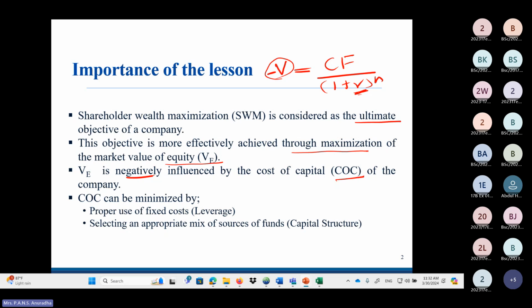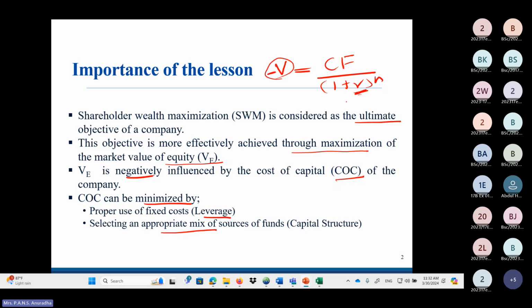So cost of capital can be minimized by using leverage and selecting appropriate capital structure. So this is the connection of this topic to our objective. This is very simply how to connect this one to our objective of financial management. To maximize the value, you have to minimize the cost.